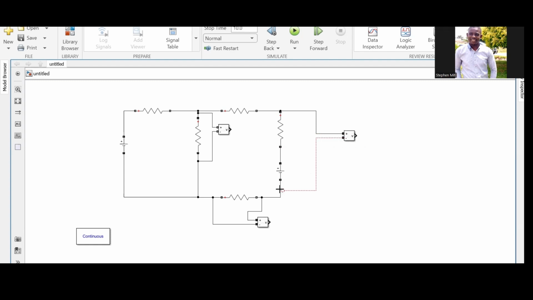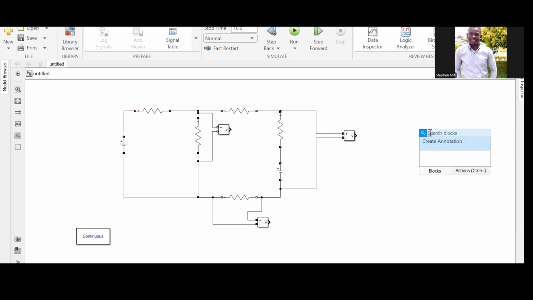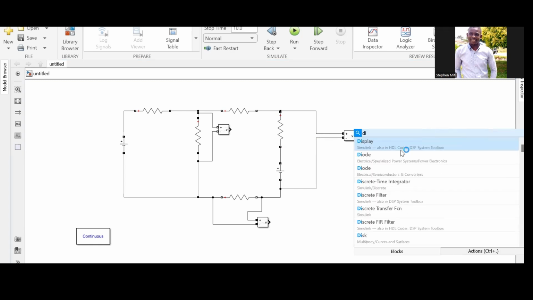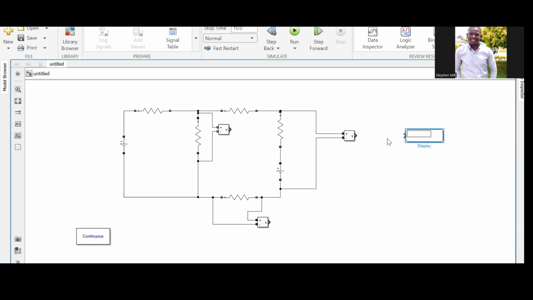And now to see the results, I need to use what we call a display. So this one is going to show the result of that voltage. I also need another display here, so I'll copy, Control C, Control V. Again, this one has to show me the value, and Control V again, even here it has to show me the value.